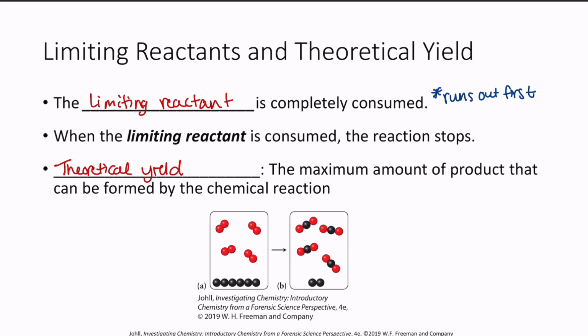When you're doing these types of calculations, it's really convenient to look at how efficient a chemical reaction is. So we can do that by calculating what is called the percent yield.